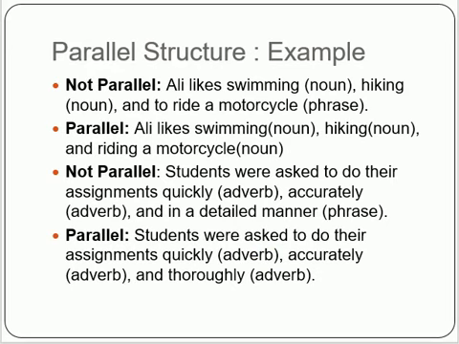Ali likes swimming, hiking, and to ride a motorcycle. So this is not a parallel structure. Reason behind that: first we have used a noun, swimming, then we used a noun, hiking, and at last we have used a phrase, to ride a motorcycle.